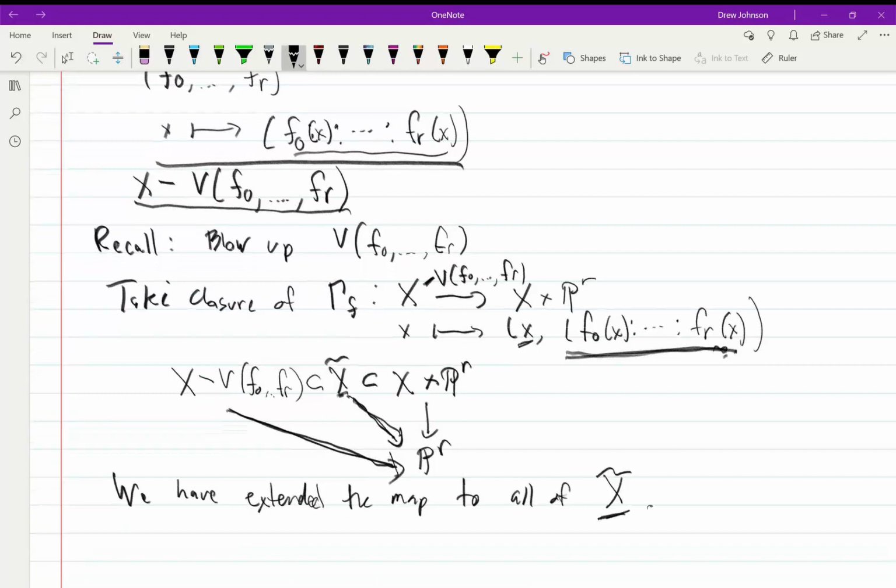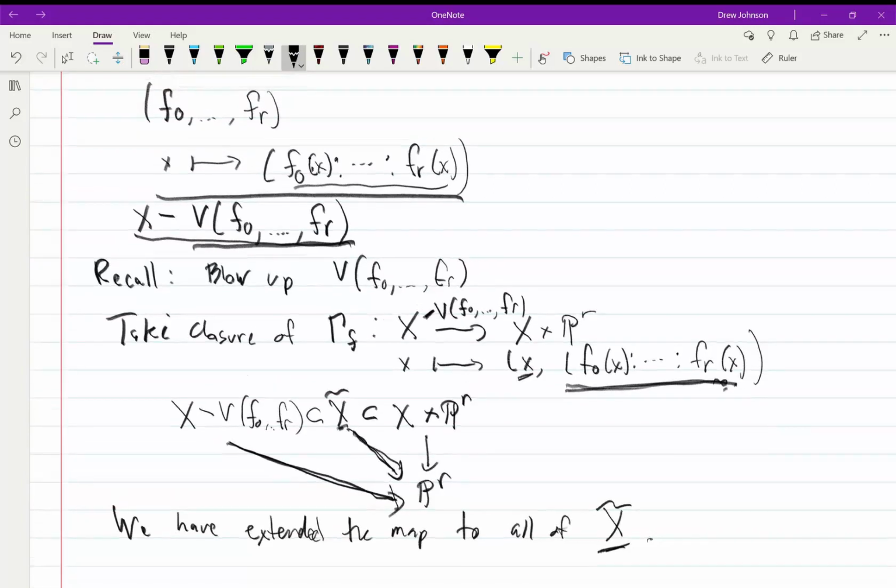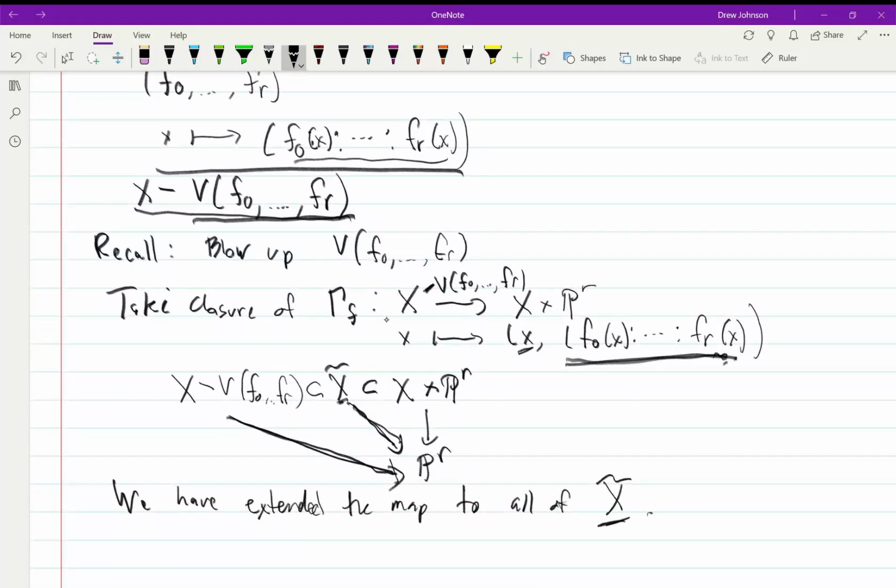Maybe, for example, if X was a complete variety, a projective variety or something, when you subtract out this vanishing locus, it's no longer complete, right? You have some missing stuff. But if X was a projective variety or a complete variety, then X tilde will also be projective, right? Because it's a closed subset of this. Okay, so we can extend it to X tilde, which is a complete variety.